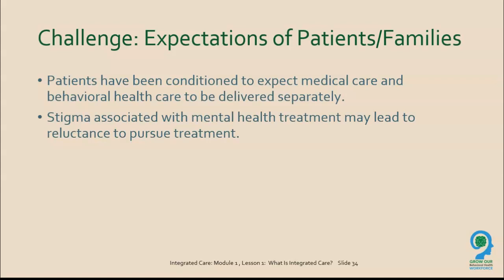And finally, the stigma associated with mental health treatment may lead to reluctance to pursue treatment. That stigma may be especially strong in certain communities. And so one of the beauties of integrated care is if it's all under the same roof, it's truly a co-located advanced model. It's not so hard. Nobody sees you walking into that mental health care facility. And people often feel very embarrassed about that.